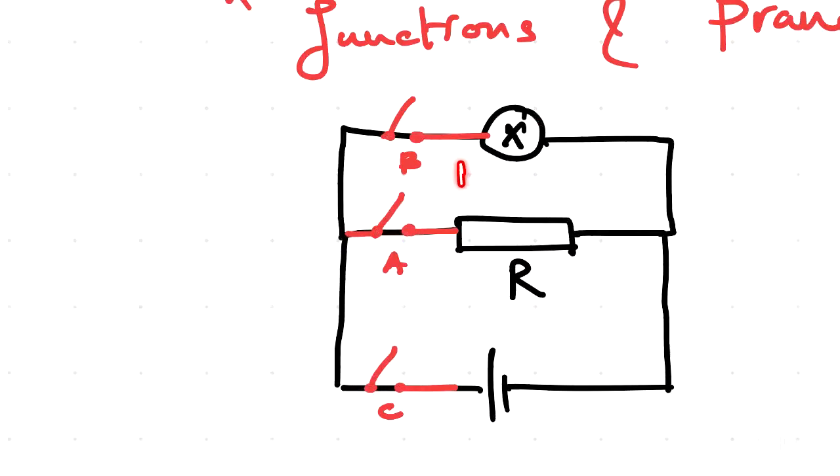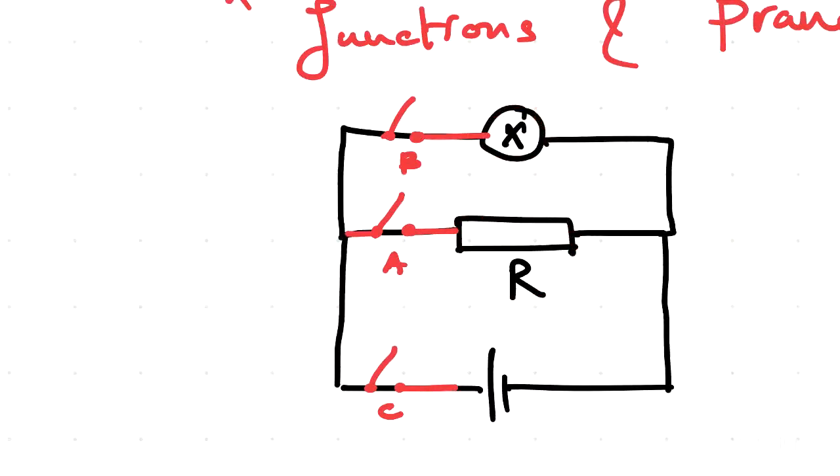So what will happen? This bulb and this resistor will be working. And if I switch off this one, which means the switch is open now, this is closed and this is open, then neither the bulb nor the resistor will be working.